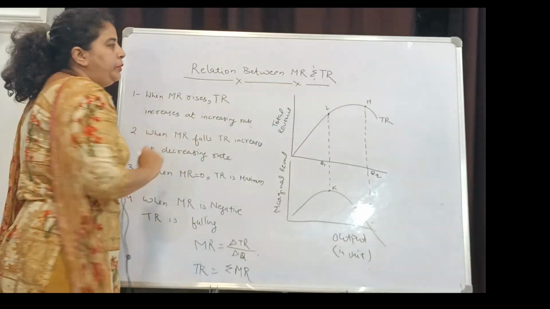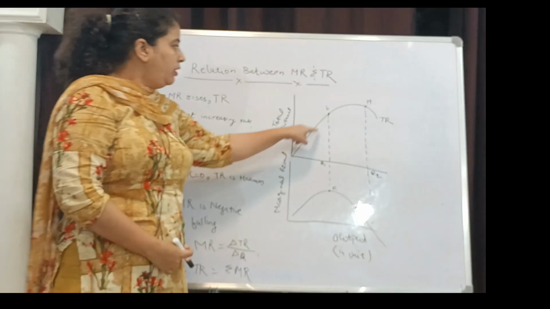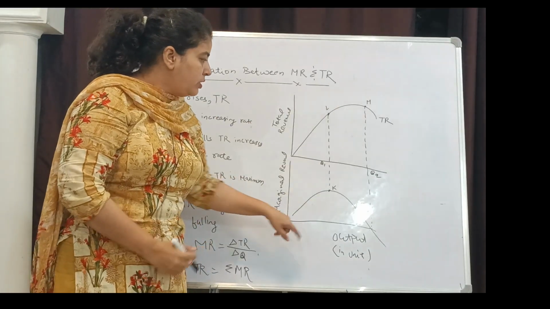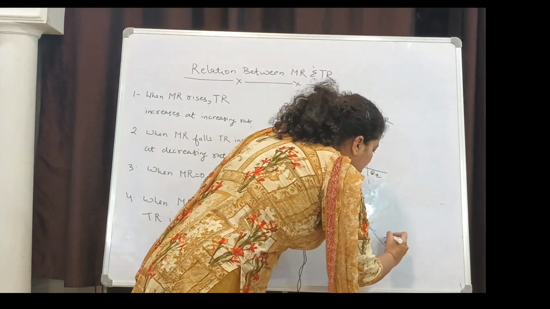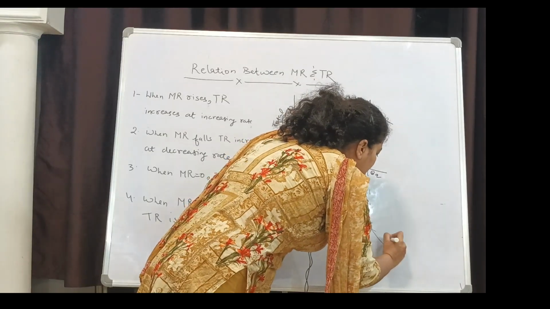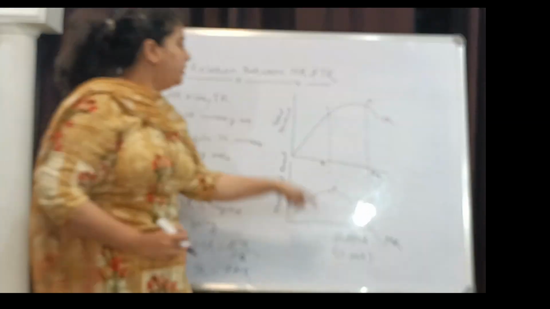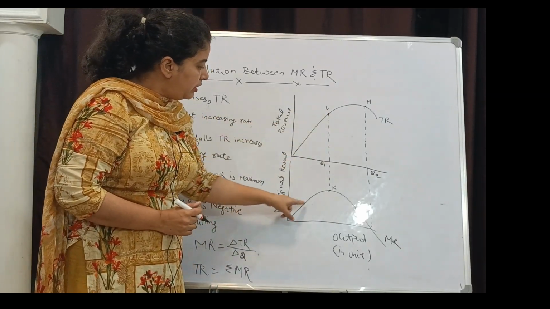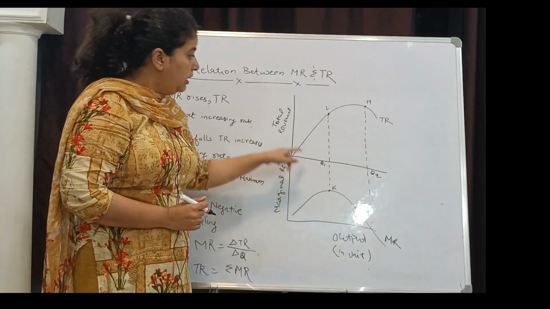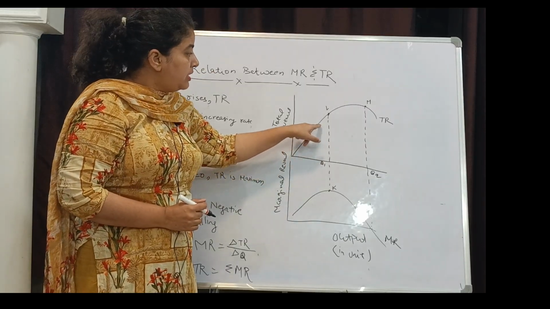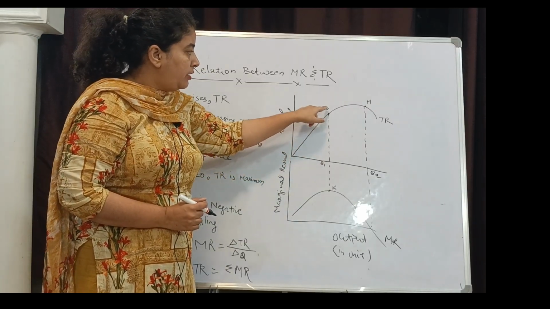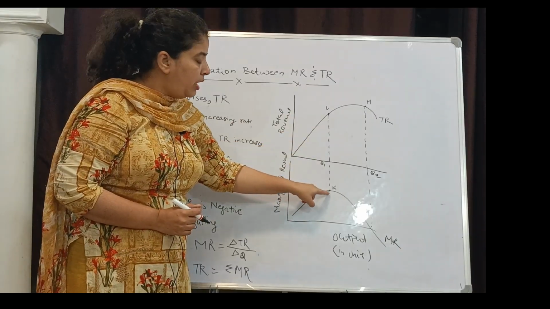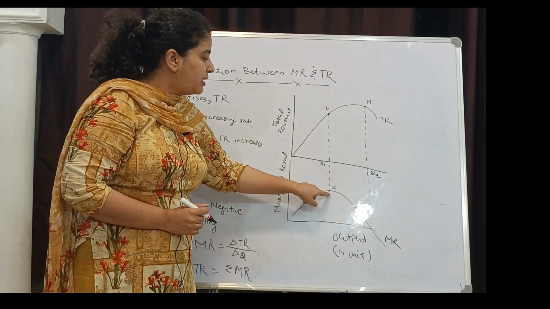Marginal revenue and total revenue. So this is total revenue and this is marginal revenue. Total revenue is increasing at increasing rate, while marginal revenue is increasing, till the point L when marginal revenue is maximum.